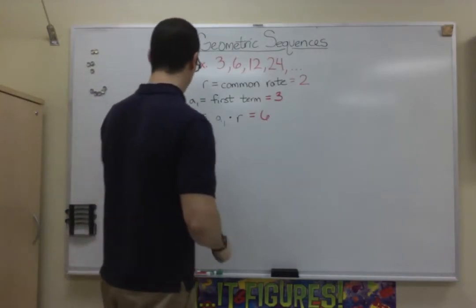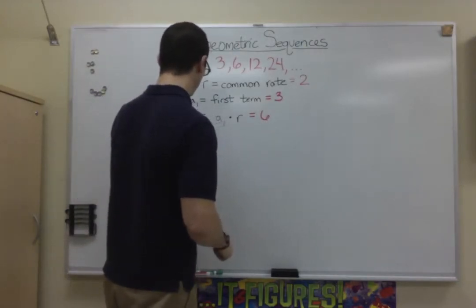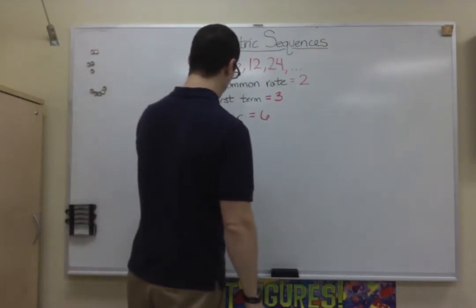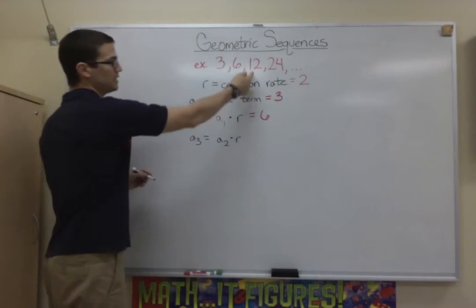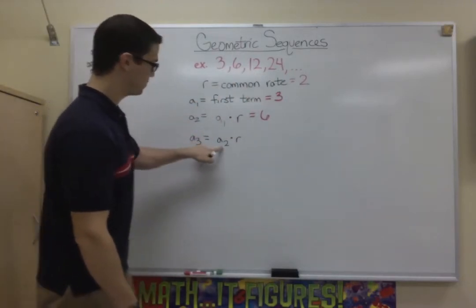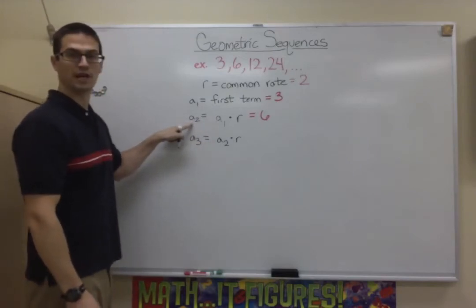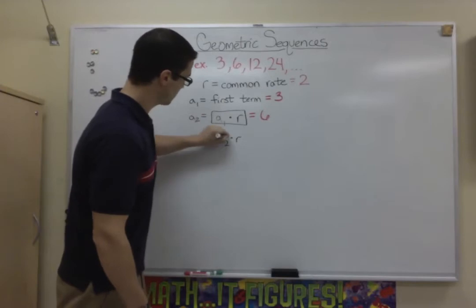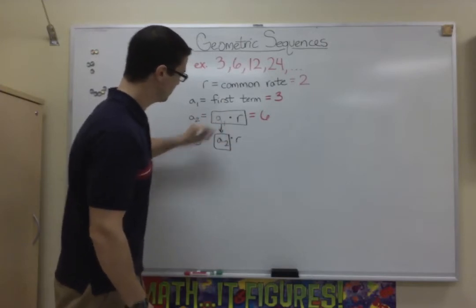So to get A3, it would just be whatever A2 was times r, and then we end up getting 12. But hopefully you see that A2 is right here, which we calculated before. So what you can do, just like we did with arithmetic, is substitute this in for A2.